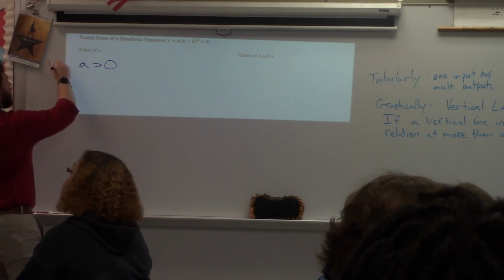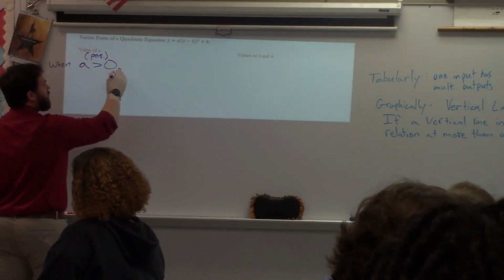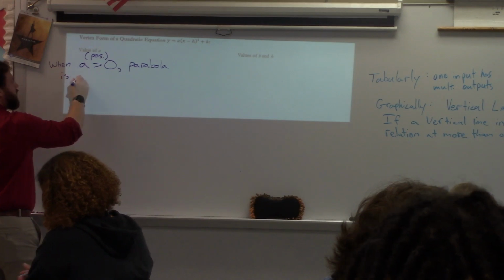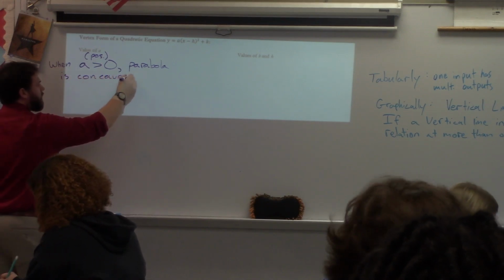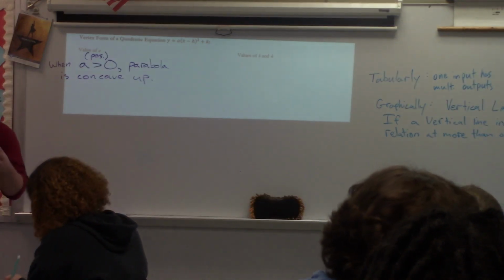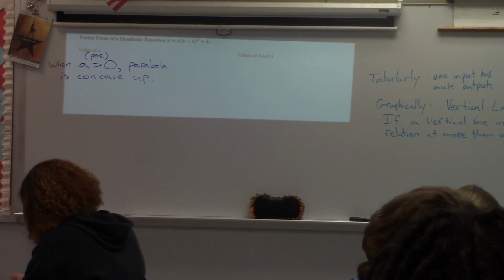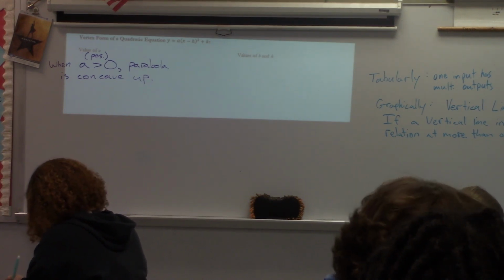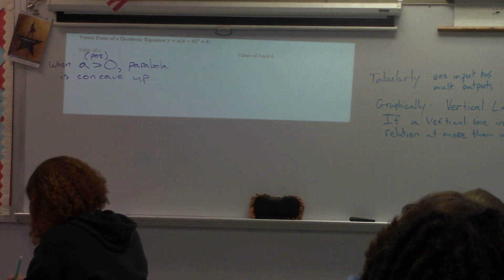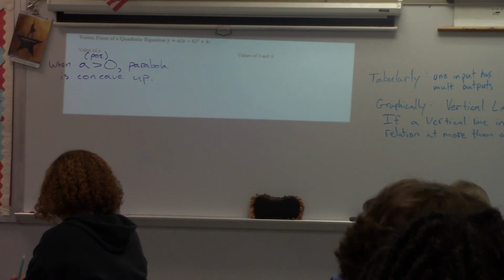So when A is greater than 0, remember those are my positives, the parabola is concave up. Now, could you just leave it as "when A is positive," with the words? 100%. But we're going to see A show up again and again, so I would start to think about that notation. In a similar way, when A is less than 0, the parabola is concave down.